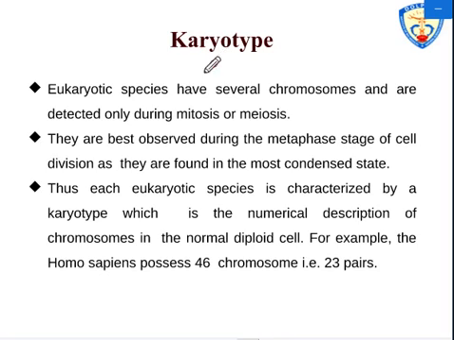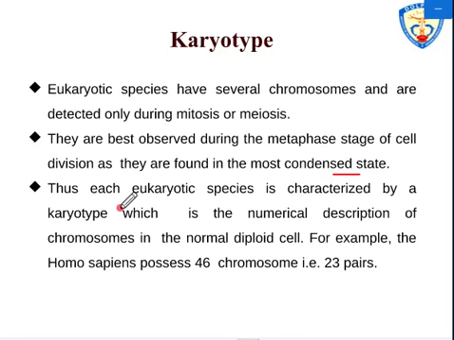Karyotype. Eukaryotic species have several chromosomes that are detected only during division, that is during mitosis or meiosis, and they are best observed during the metaphase stage because at this stage they are in the most condensed form.